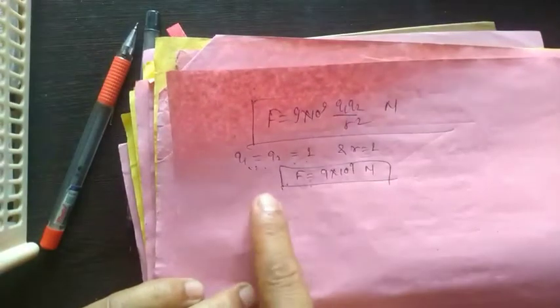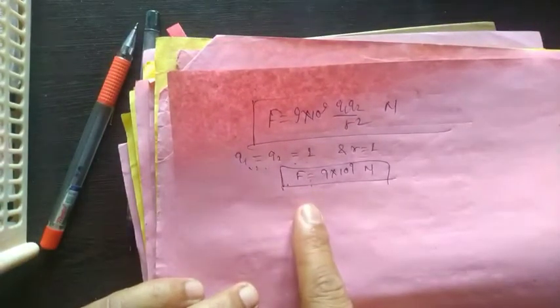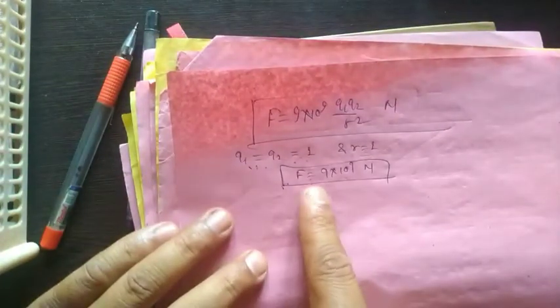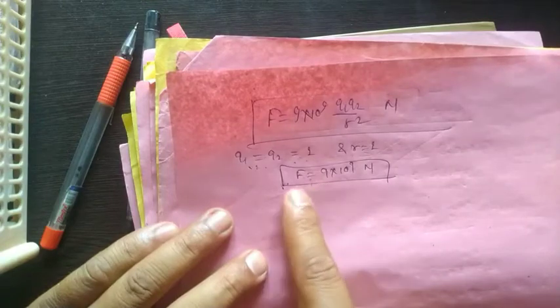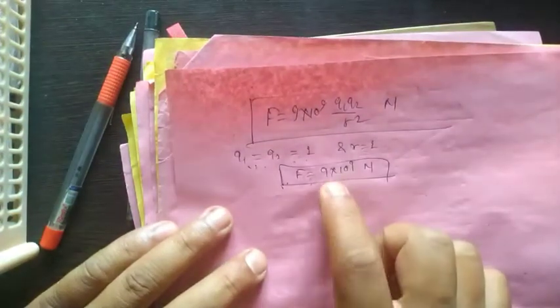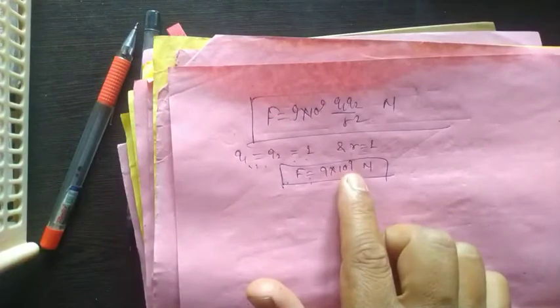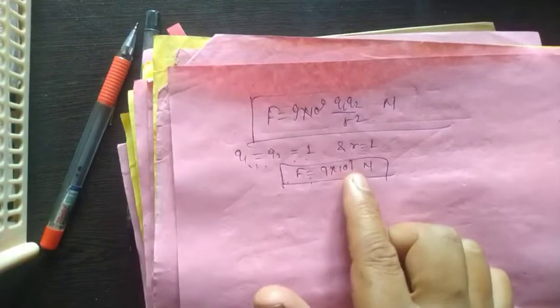Finally, the 1 Coulomb charge is one which repulses a similar charge with 9 into 10 the power 9 Newton force when separated with a distance of 1 meter.